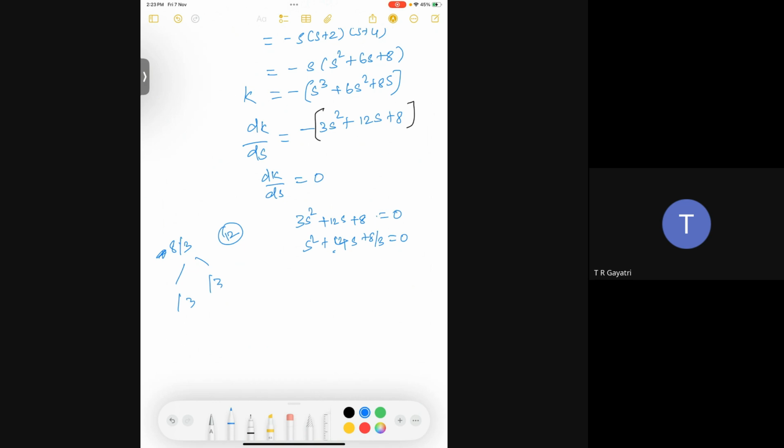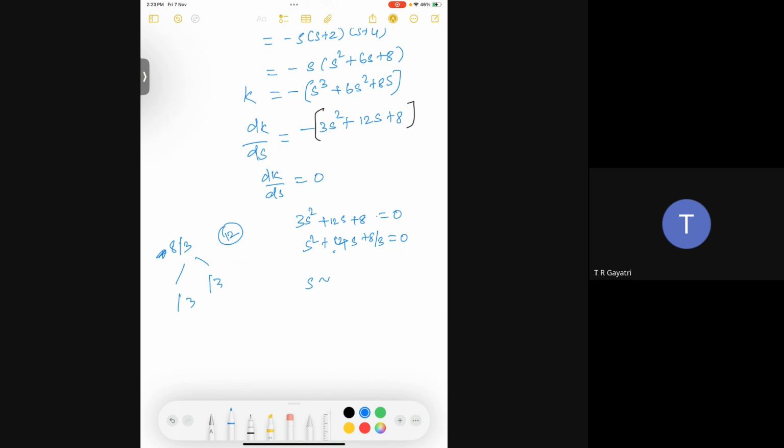Roots of s square plus 4s plus 8 by 3 equal to 0. Are you also getting something like this?